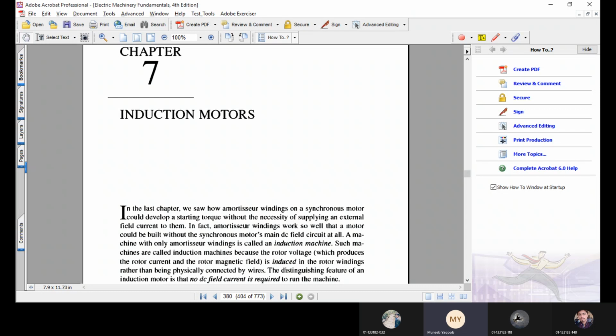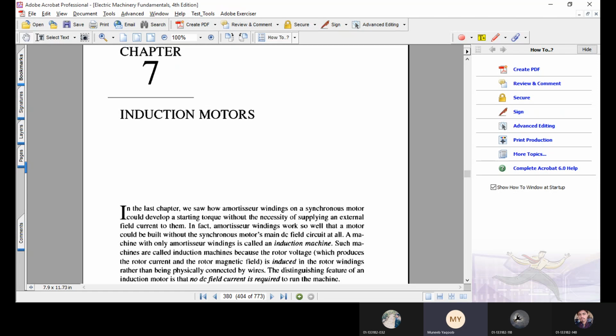This rotational magnetic field rotates about the shaft of the motor, around the rotor of the machine. Now the rotor is obviously a ferromagnetic material, a metal. So when a magnetic field rotates about the rotor, according to Faraday's law of electromagnetic induction, an EMF will be induced in the rotor.